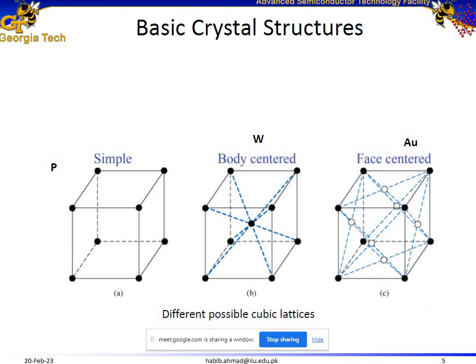Can anybody answer this question? Six. We have 6 faces for a cube, right? Exactly. So for a face-centered cubic structure, we have an additional atom in the center of each face. So we have 6 additional atoms in a face-centered cubic structure. Gold is an example of a face-centered cubic structure.